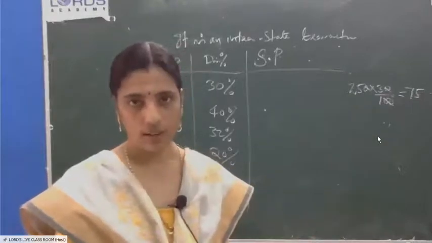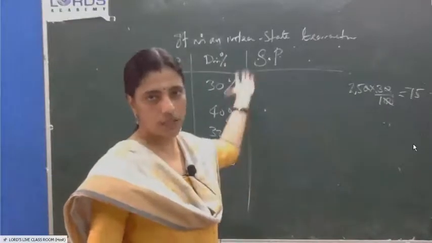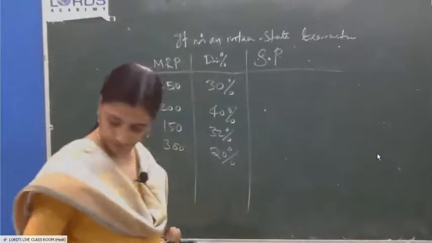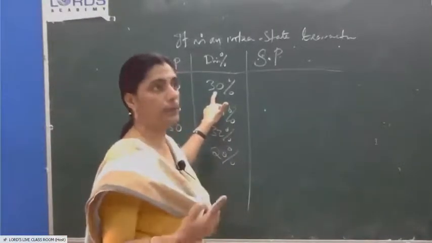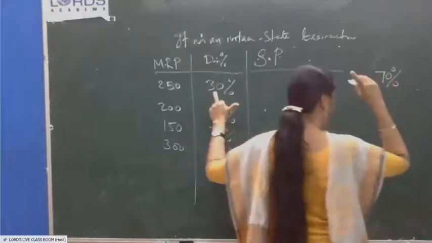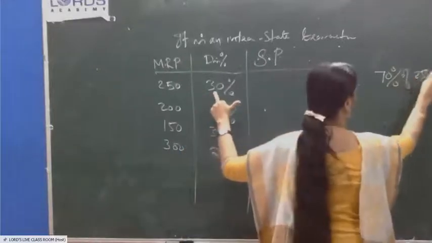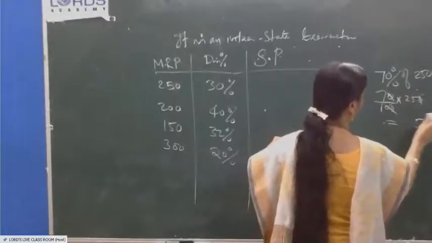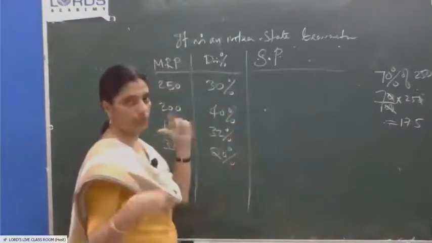So instead of finding this 30% and subtracting, straight away we can do like this, just to save time. 70% of 250, 70 by 100 into 250, is 175. If you subtract 75 from 250, then also you will get the sale price.